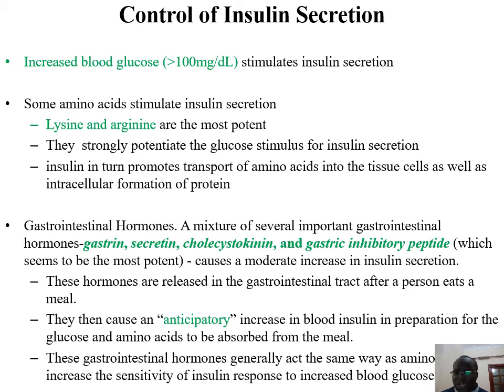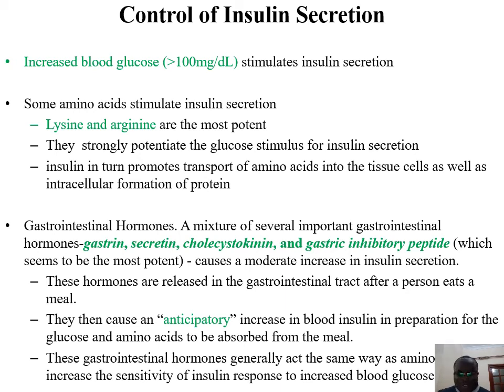They are going to increase the secretion from the gastric pits, increase intestinal secretions, increase secretions from the gallbladder, and increase the secretions from the pancreas. Because they are increasing the secretions for GIT digestion and absorption, these hormones can also increase the secretion of insulin.